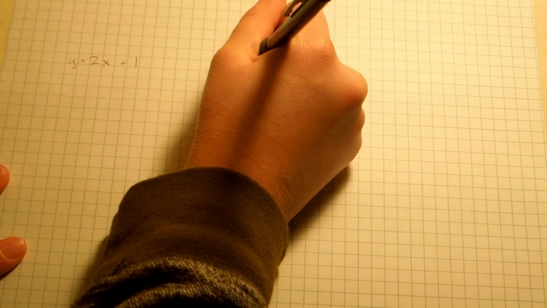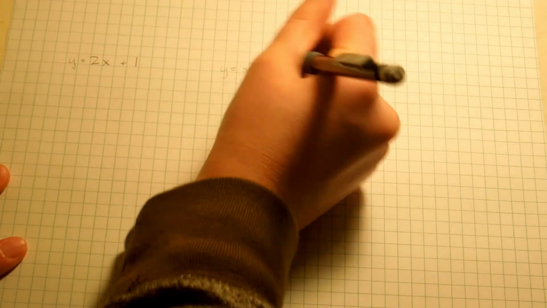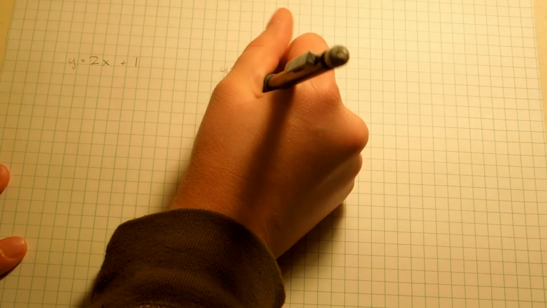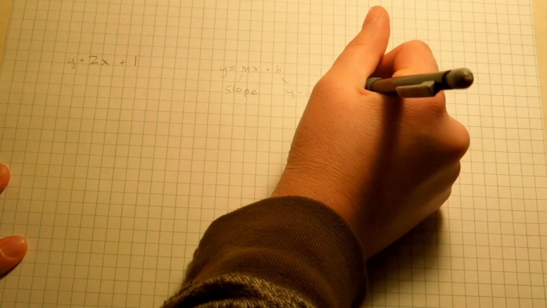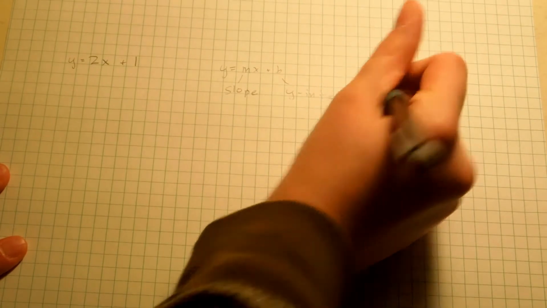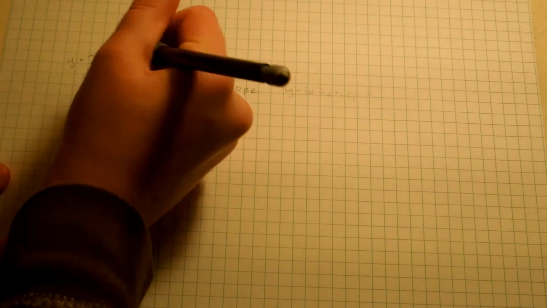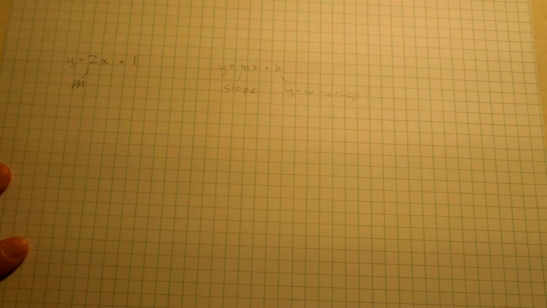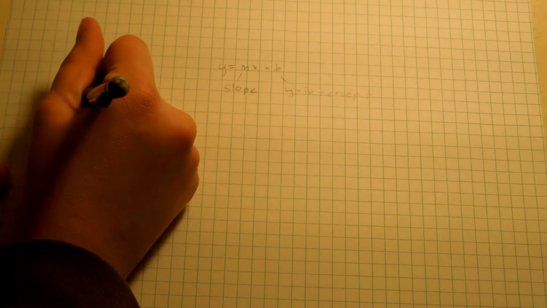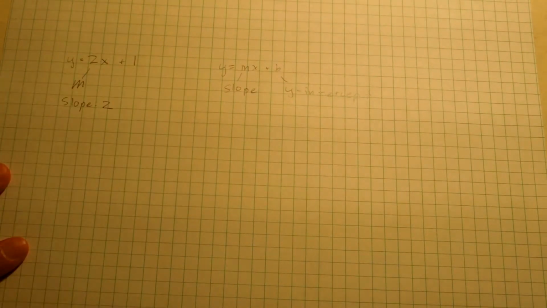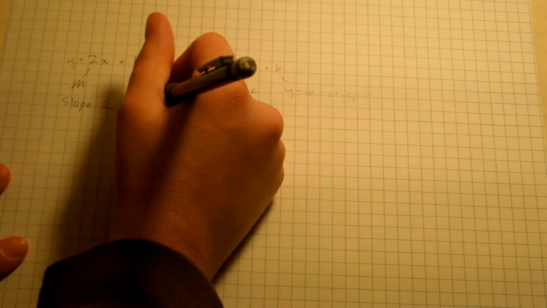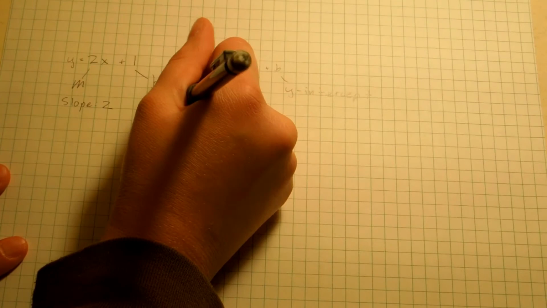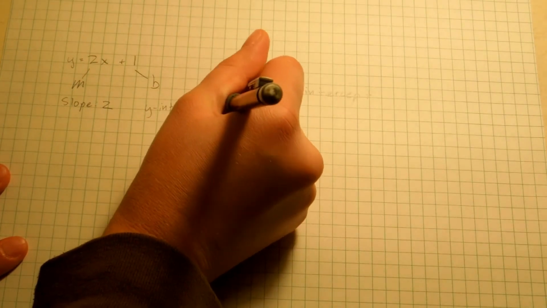Remember, y equals mx plus b, where m is the slope and b is the y-intercept. So, in this equation, the 2 is in the m spot, so the slope is 2. And the 1 is in the b spot, so the y-intercept is 1.